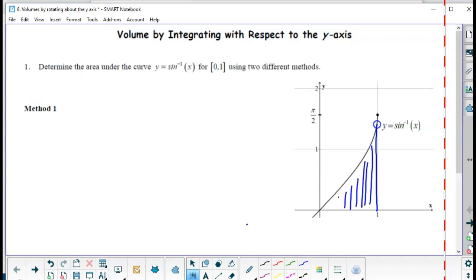this area here. But another method, which might end up being easier in some cases, is to find the area with respect to y. So that would actually be here. So basically taking your x and y axis here, flipping your paper up, so like the x is going up and you're kind of turning sideways.